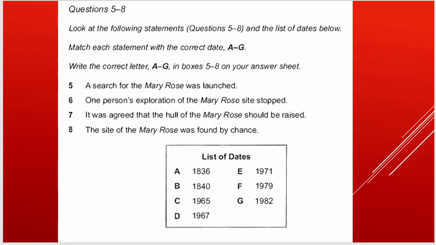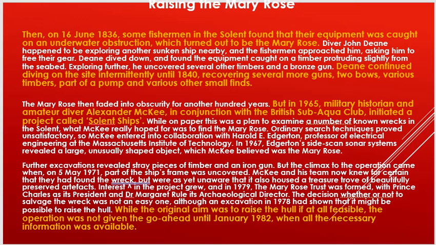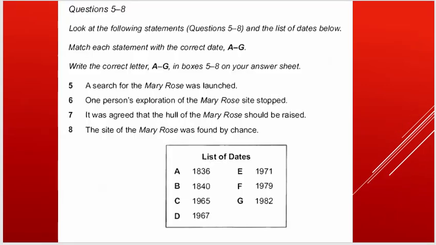Okay, can you find that the fifth question corresponds to the information that we have just read? A search for the Mary Rose was launched. So launched and initiated are synonyms here. In which year did that happen? In the year 1965. So that corresponds to option C. The answer for the fifth question is option C.